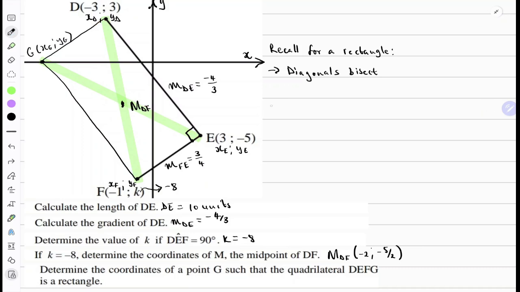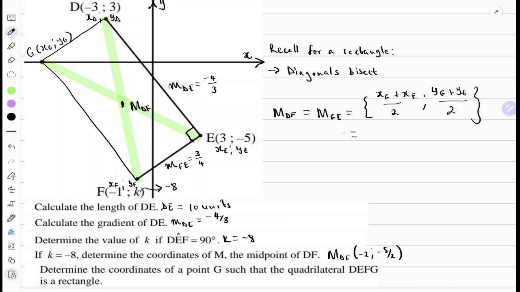So we can say the midpoint of DF should be equal to the midpoint of GE, which is equal to (XG plus XE over 2, YG plus YE over 2).